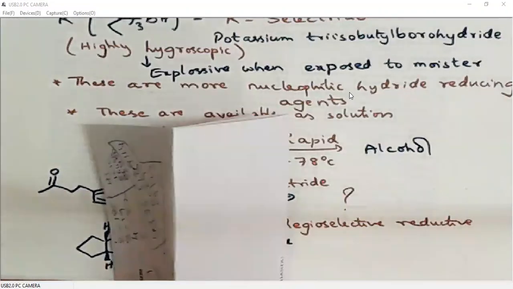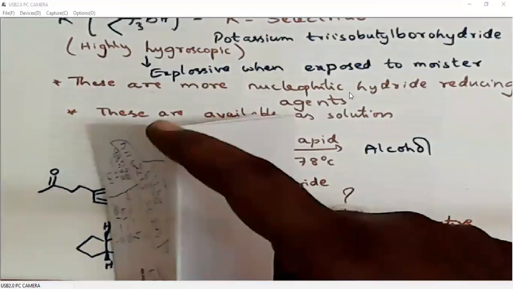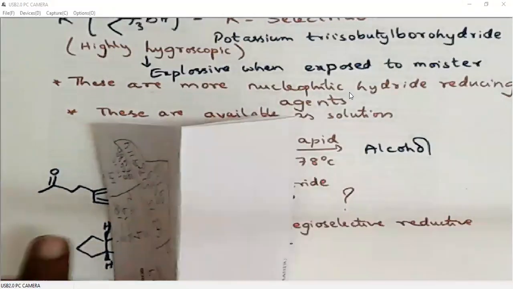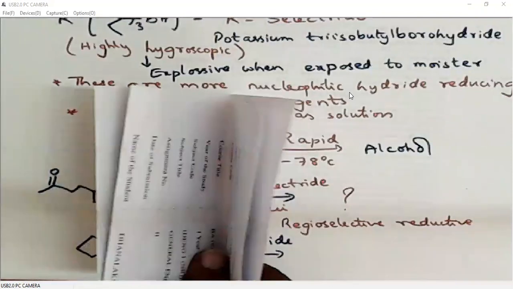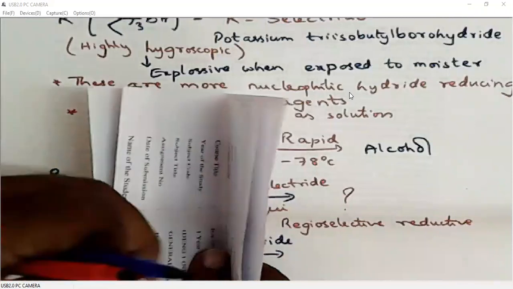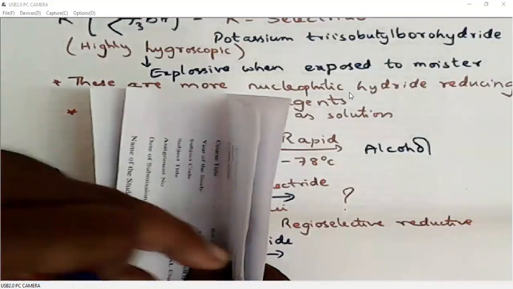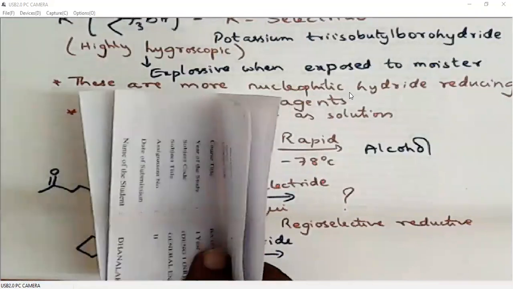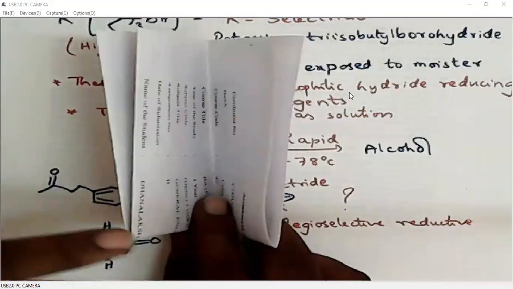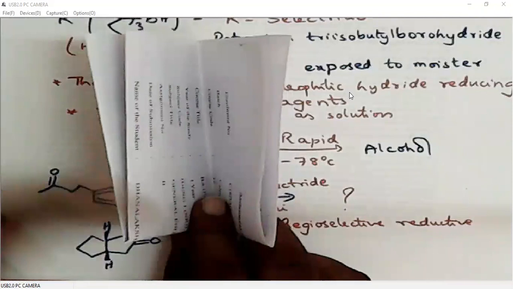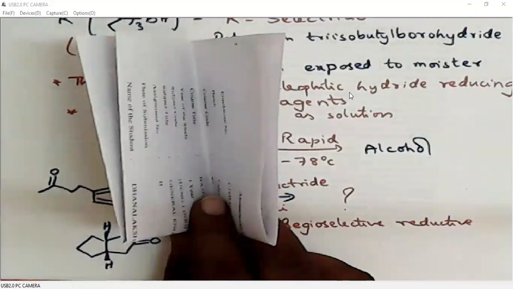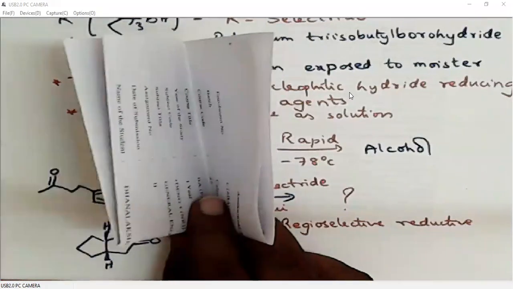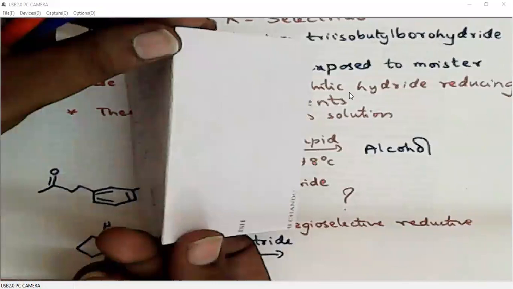Though hydrogens are here, we can see a very large space available around these two rings. But on the other side, there is only a very small space available between the two rings, and at the same time we will have hydrogens on this carbon. On this carbon we will have two hydrogens, on this carbon two hydrogens, right? These hydrogens are very closely placed, so they will create large steric crowding compared to the other face.